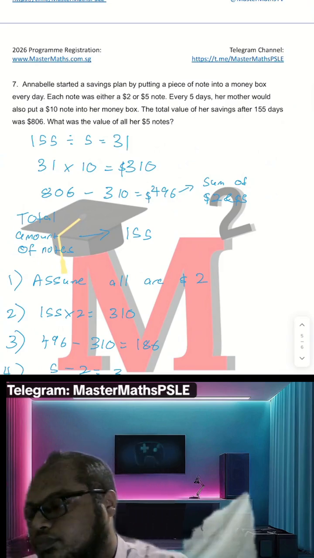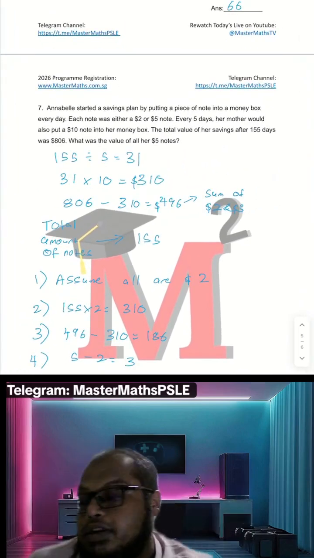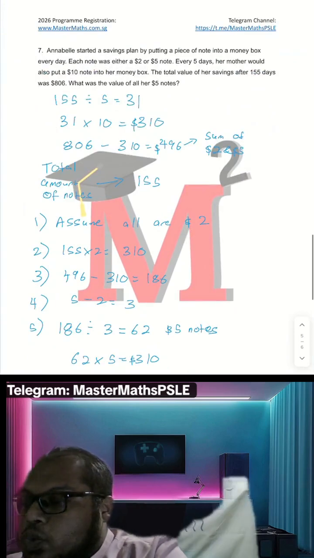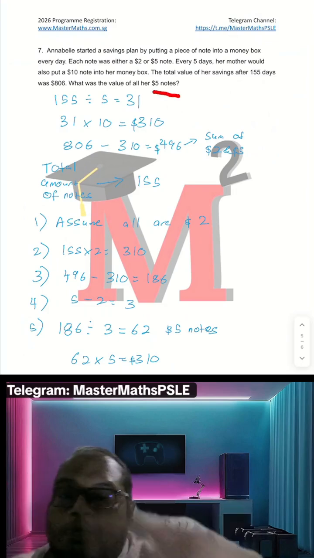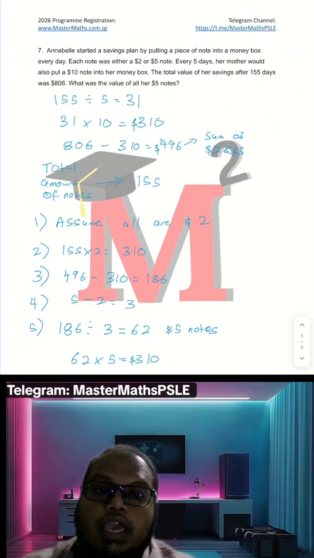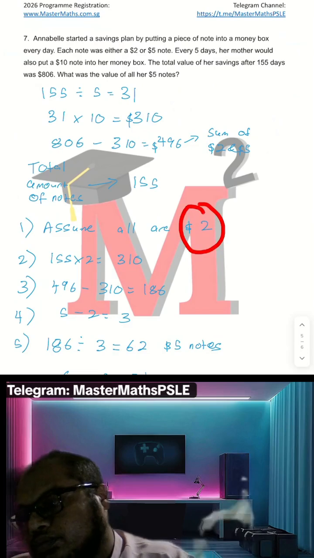Now I apply my 5 steps assumption method. Because they're asking for $5, I assume the opposite first. I assume that all the notes are $2.